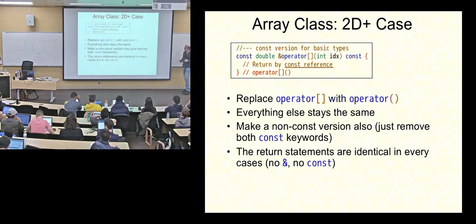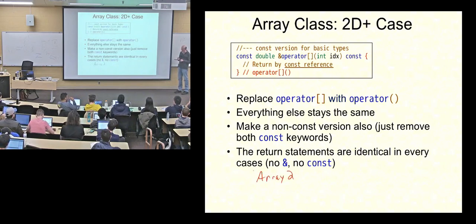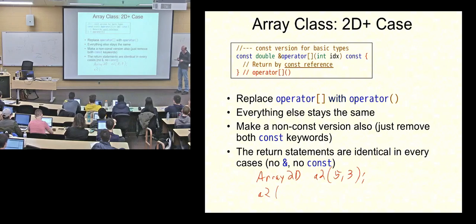Now, if I was going to create a 2D class, I've got my const version up here for my 1D array object. Say my class name was array 2D, and I wanted to create an array object A2 that had 5 rows and 3 columns, and then I want to say something like A2 sub 0, comma 0, well, that's not allowed.